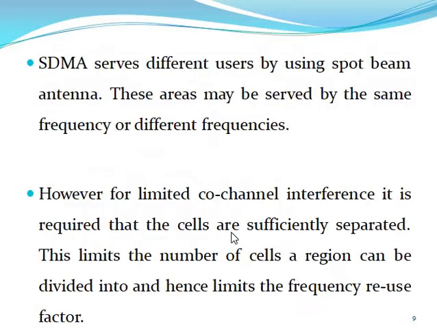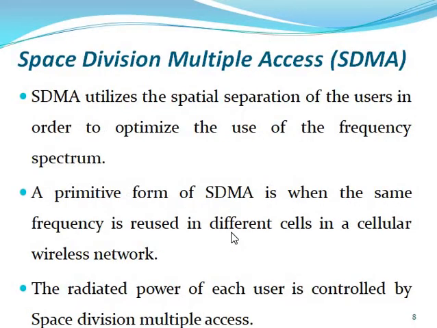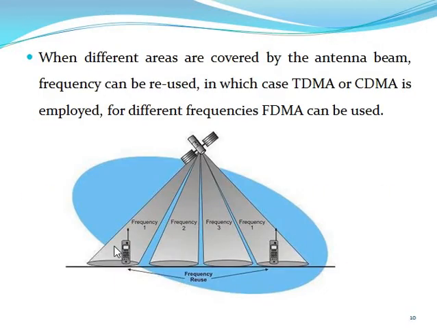So this is SDMA, which utilizes spatial separation of users in order to optimize the frequency spectrum. The gradient of power for each user is controlled by space division multiple access. This is one frequency band, used for satellite communication.